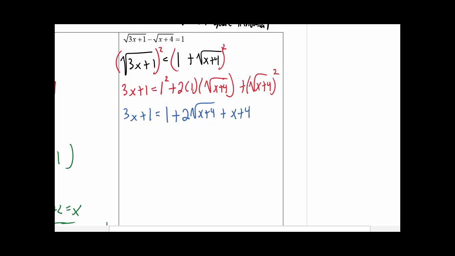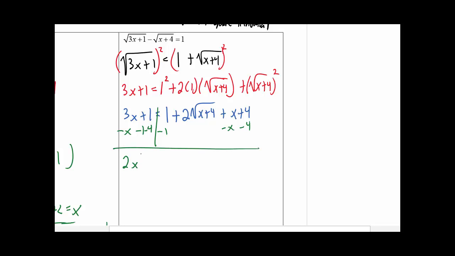Okay, and let's bring everything over. So we'll subtract 1, subtract x, subtract 4. Let's see, so this would be minus x minus 1 minus 4 over on that side.